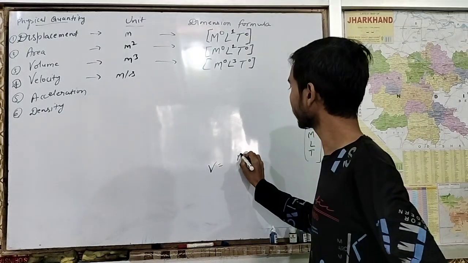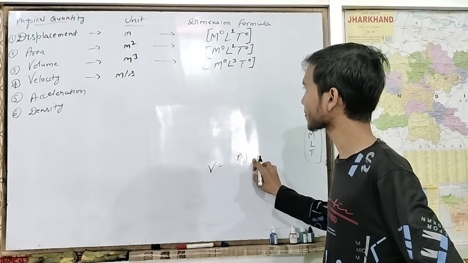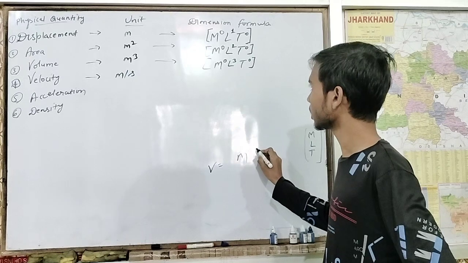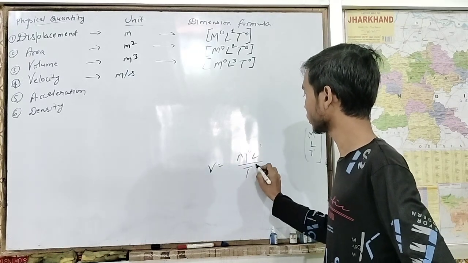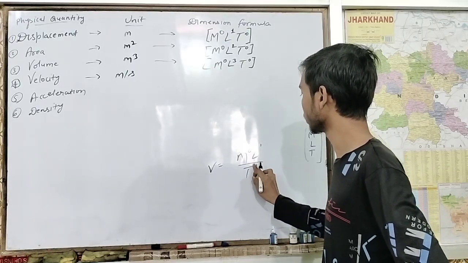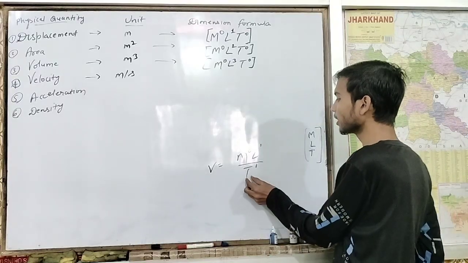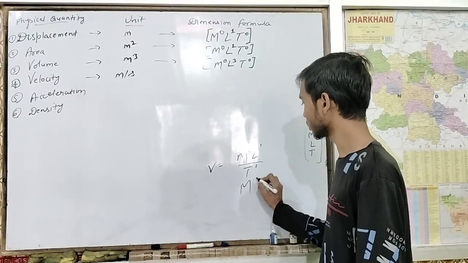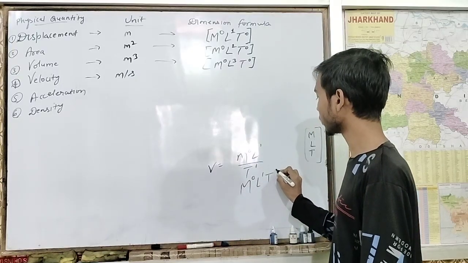First of all, M is 0. And here L we have 1 and T is 1, but it is in the denominator. When we bring this here, then what will happen? 0, L 1, T raised to power minus 1.